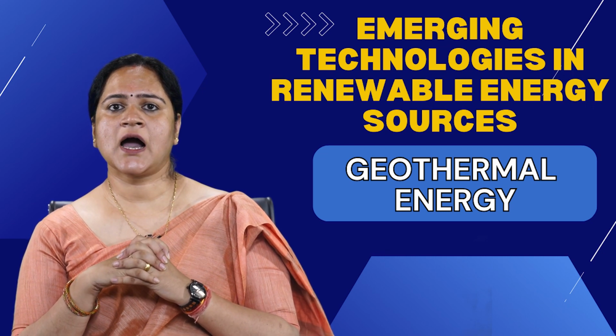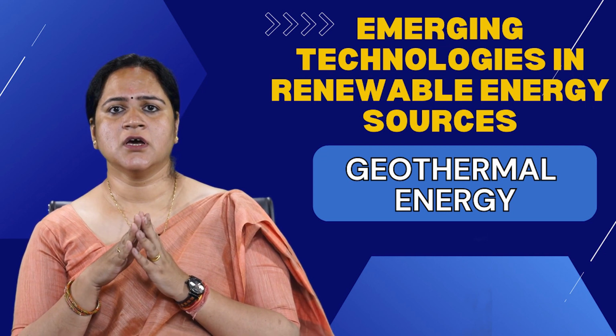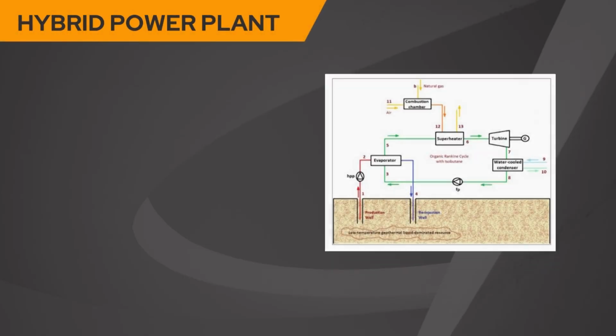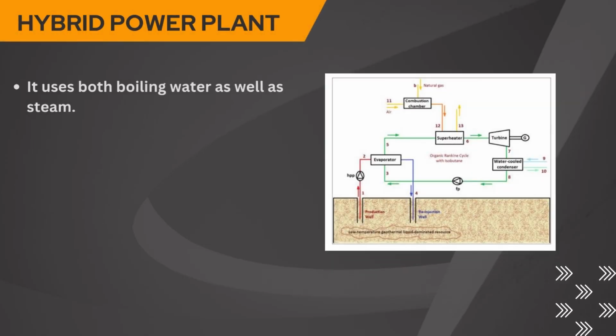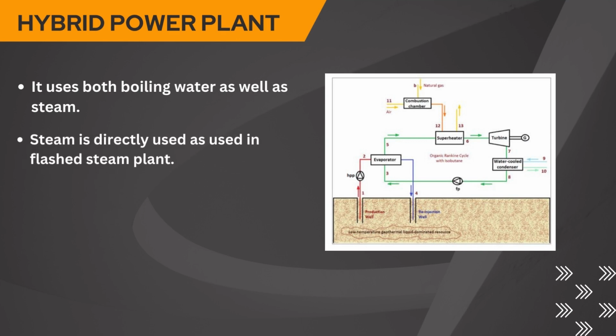Then comes the hybrid power plant. If we talk about this hybrid power plant, it uses both, boiling water and steam. So in the hybrid power plant we use boiling water and steam both, and steam is directly used as we were using in the flashed steam geothermal power plant.